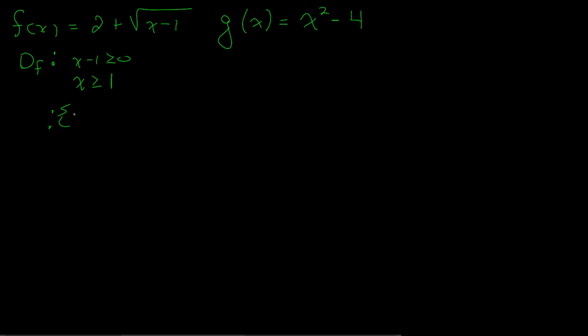So the domain of f is x is an element of all real numbers, and x is greater than or equal to 1. And g, its domain, has no restrictions, so g can accept all real numbers.